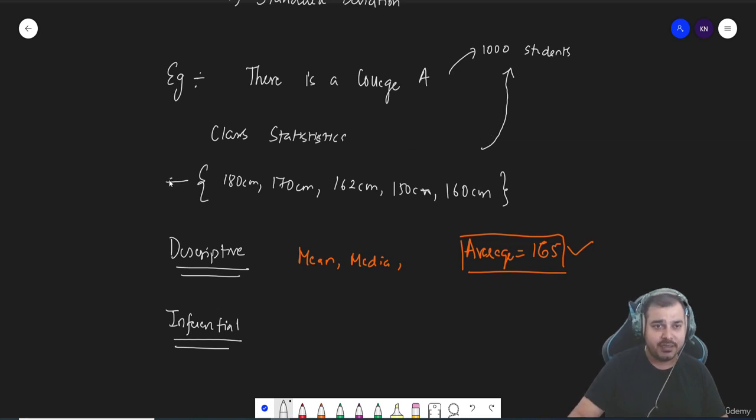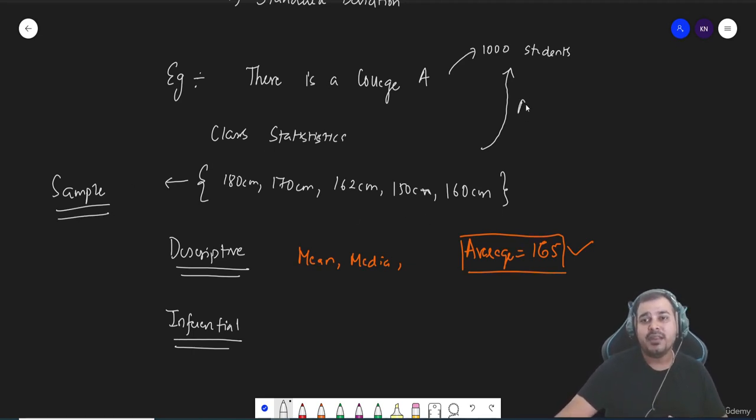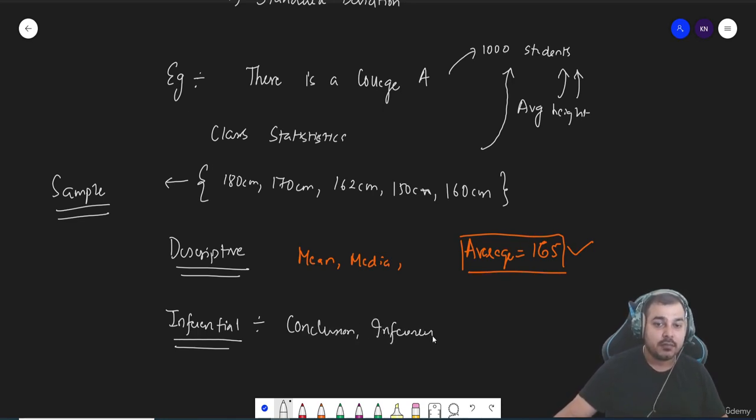So this is my sample in this particular case. By considering this particular data, can I conclude what may be the average height of these 1000 students? That is what we do in inferential statistics. We bring up some conclusions or some inferences. This is very, very important.